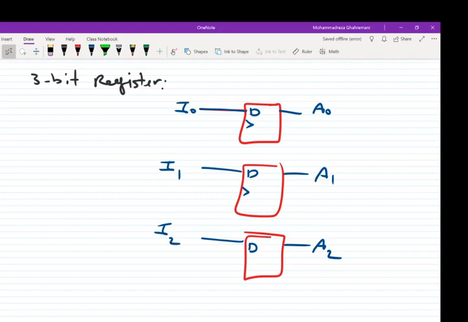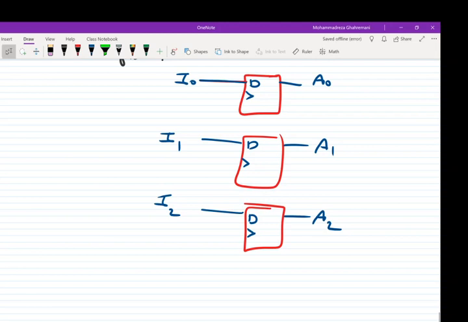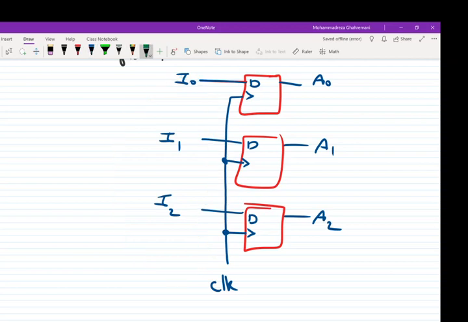All these flip-flops have a clock input and a common clock. By clicking the clock, the inputs from I0, I1, and I2 will be moved to A0, A1, and A2. And of course, we need to have a clear input to clear the data stored in this register.